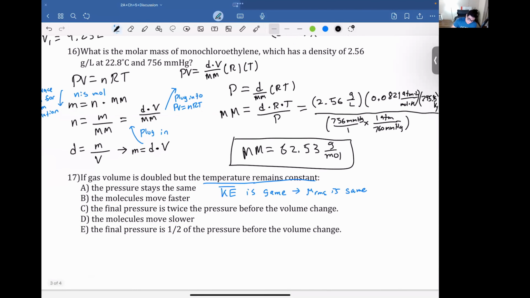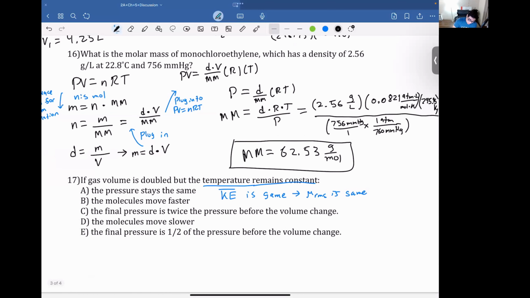Okay. So volume is doubling, the temperature is the same. We can use this one. It's like Charles' law, except the T's are the same. I just always use Charles' law because it's easy to remember, and if things are the same, they just go away. So P1 V1 is equal to P2 V2. We know that the volume is doubled.